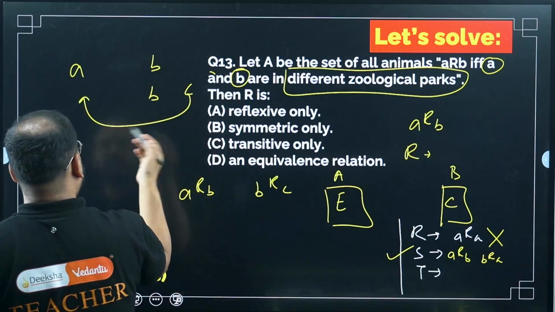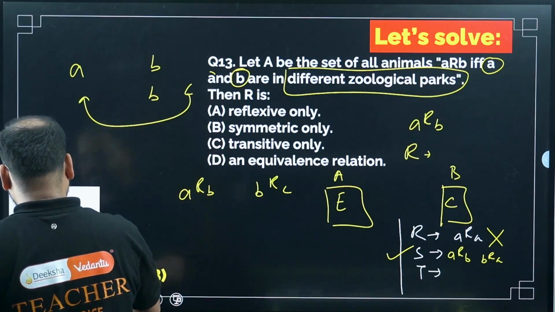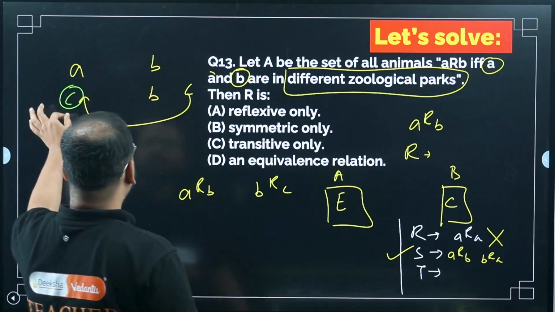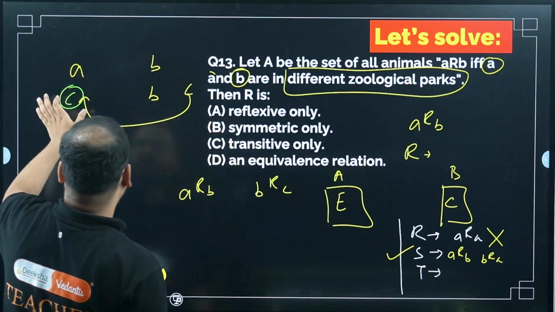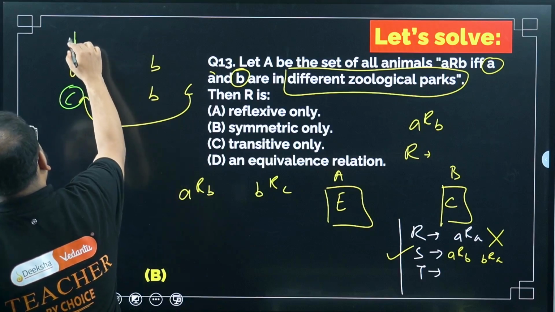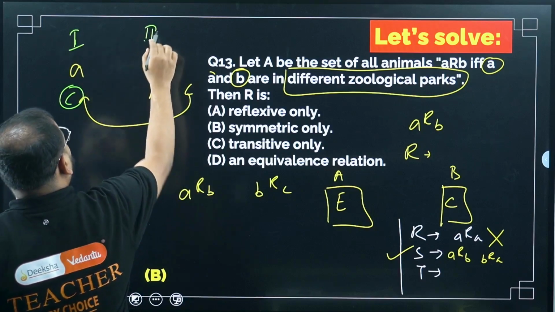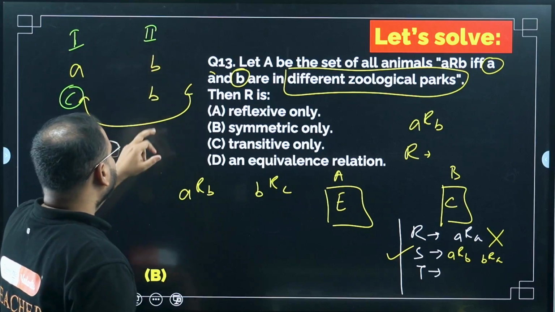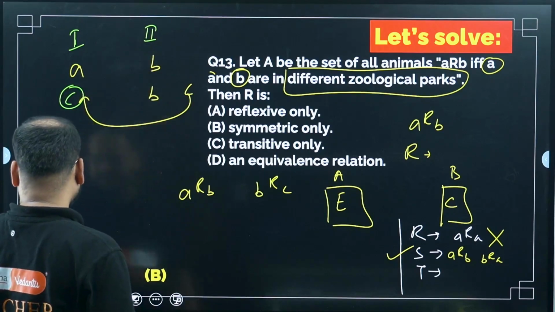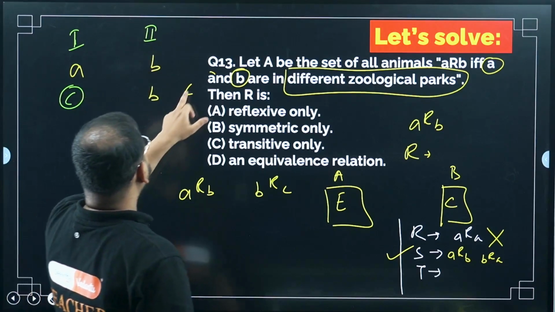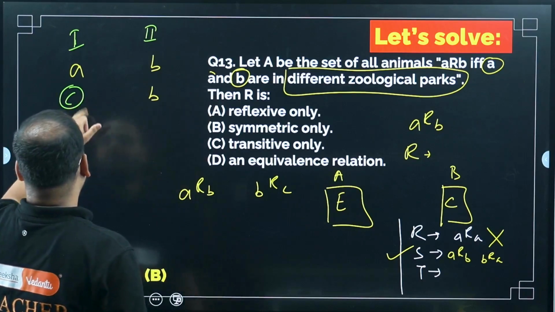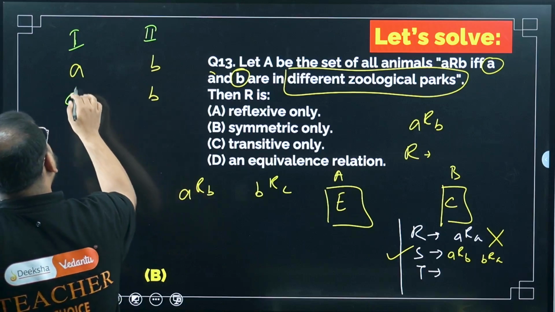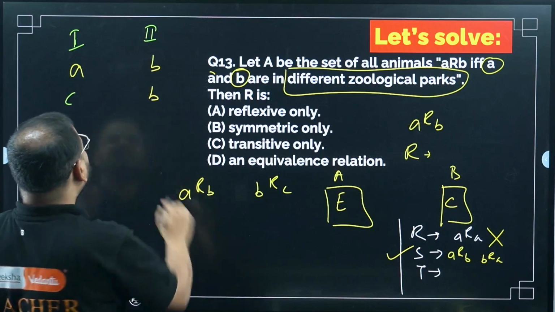I have a condition where C is in the first park only. If this is my park 1 and this is my park 2, A was in park 1, B was in park 2. Now second case: B is in park 2 and C is in park 1. Is it valid? Yes, sir, it's valid.